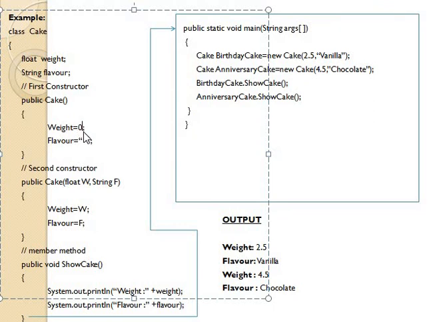So it will add a decimal into it. But these values assigned to the data member weight should not be enclosed in inverted commas, because they are not of type string, they are of type float.